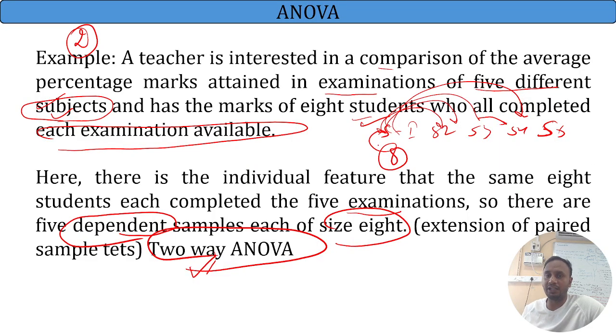It's not that S1 has eight independent ones, S2 has eight independent ones. It's not like that. In that case, we could apply the one-way ANOVA.